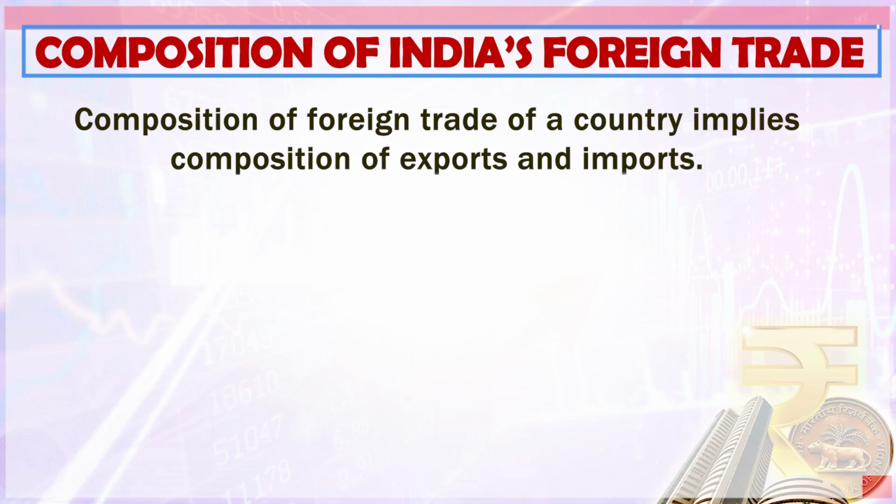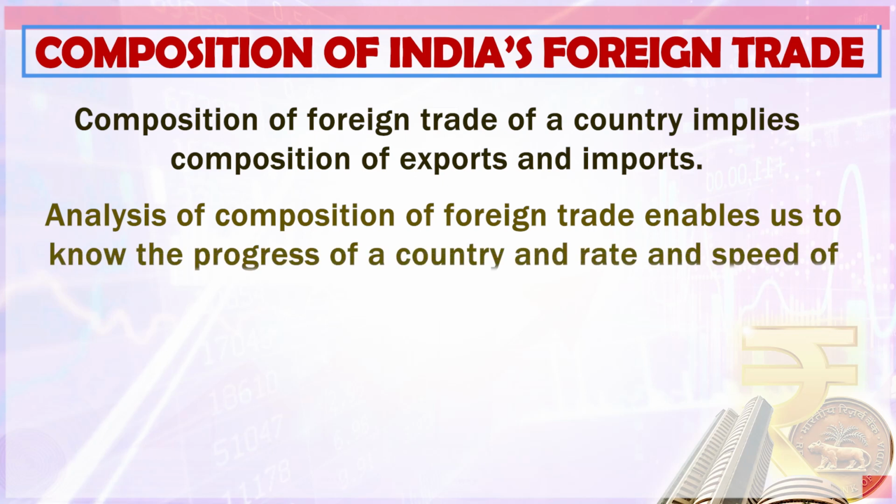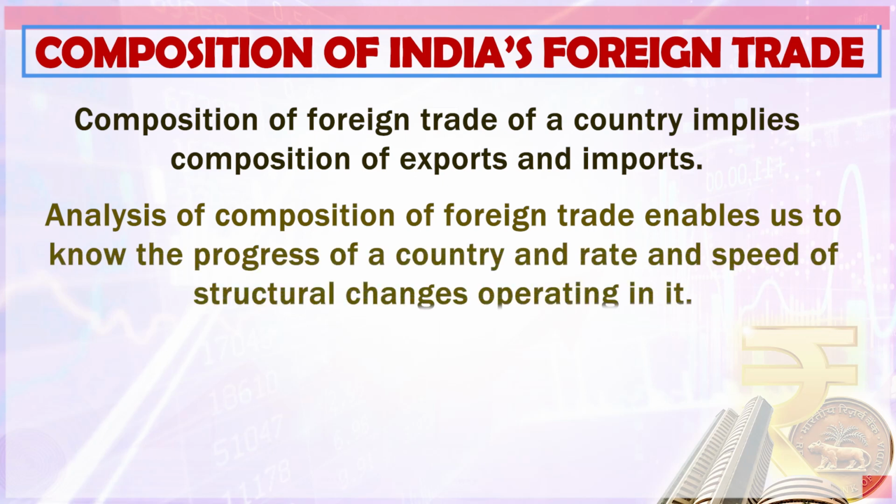Composition of foreign trade basically implies composition of export and import. And this composition is very important because it shows us the rate and speed of restructuring of an economy.